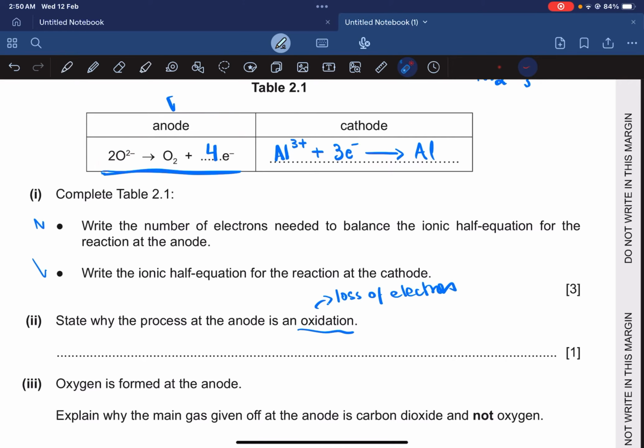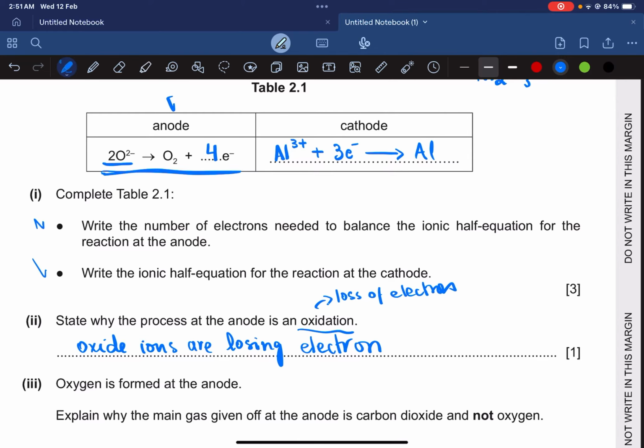Plus 4 electrons means that it loses these 4 electrons to form oxygen gas. So, state why the process at the anode is an oxidation: oxide ions are losing electrons. That's going to be the reason for oxidation, because oxidation is basically loss of electrons.